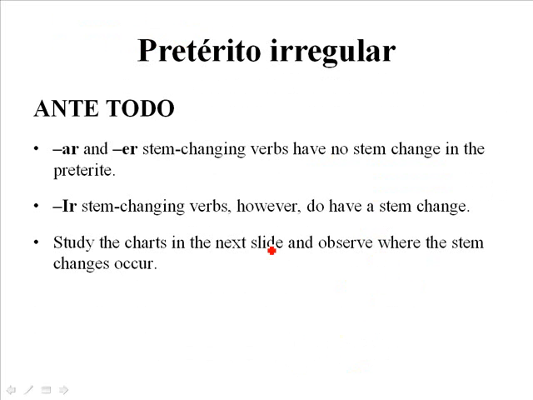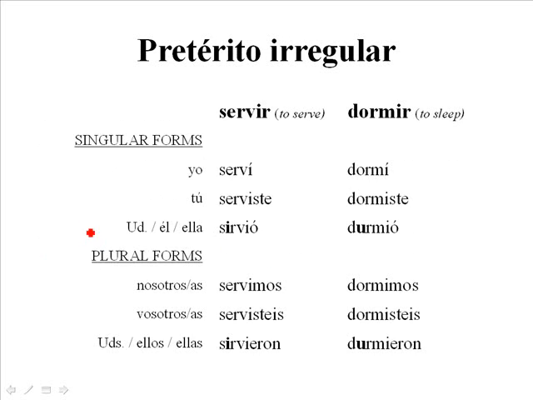Remember I told you that in Spanish the preterite does not have stem changers in AR or ER verbs? Well, that means that in IR verbs there are stem changers. The stem changes in Spanish in IR verbs in the preterite are only going to happen in the third person, singular or plural. That is, él, ella, usted, ellos, ellas, ustedes. Por ejemplo, el verbo servir es yo serví, tú serviste, él sirvió.